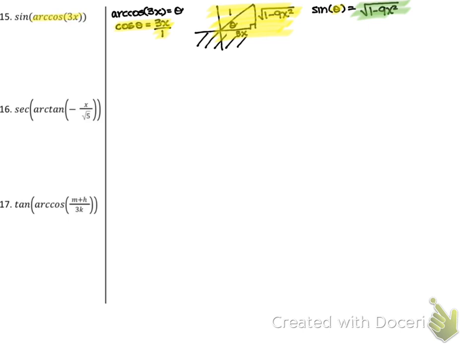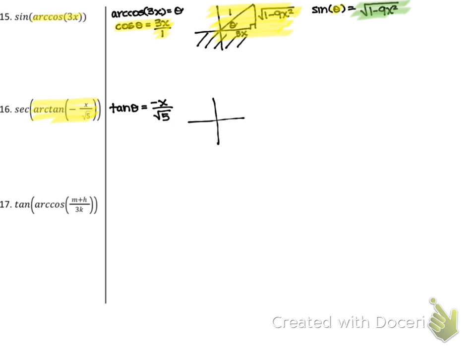So take a look at question number 16. You're being told that the ratio is negative. Okay, so with that being said, starting on the inside, arctan. Basically, this says tangent of some angle is going to be negative x over root 5. The ratio is negative.